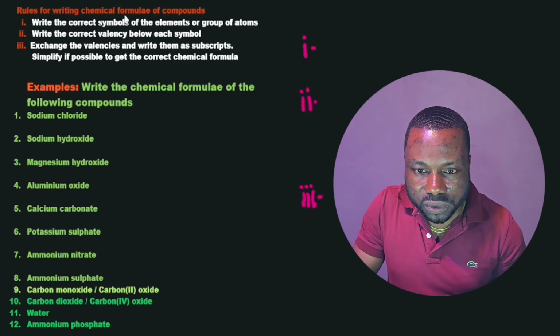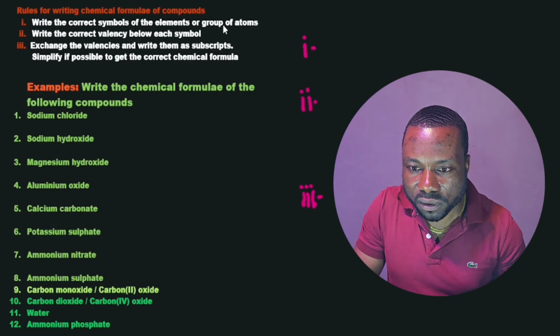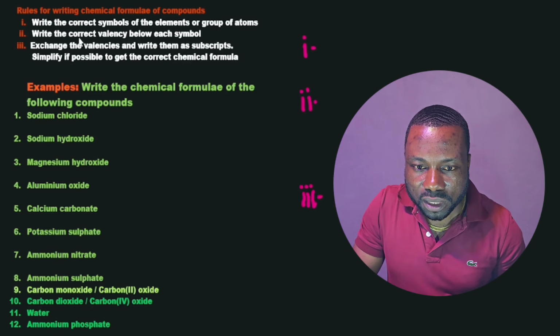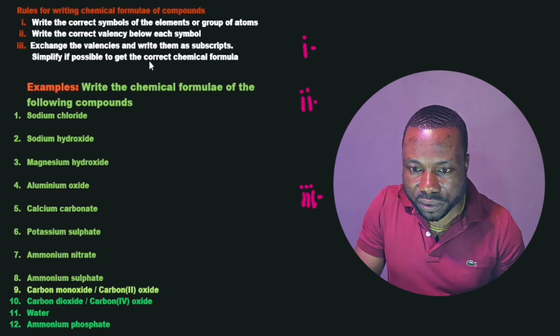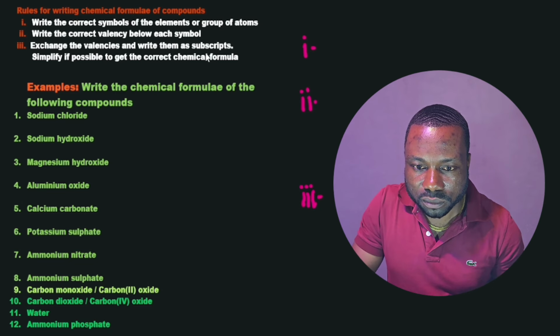However, in order for you to write the chemical formulae of a compound, there are 3 basic rules that you are supposed to respect. The first rule says, write the correct symbols of the elements or group of atoms. The next rule says, write the correct valency below each symbol. And the third rule says, exchange the valencies and write them as subscripts. Simplify if possible to get the correct chemical formula.